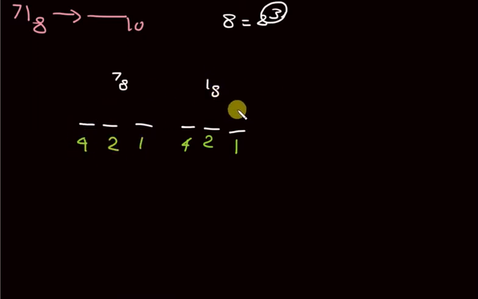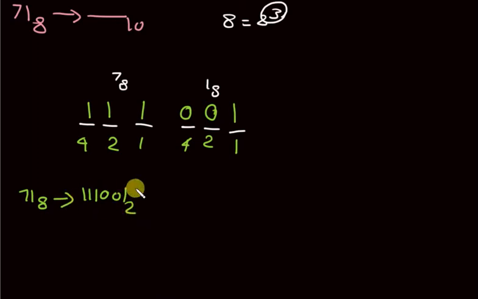Okay, in order to get 1, I have to put 1 here and the rest of them should be 0. In order to get 7, I have 1 here, so now 4, 6, and then 7. So this number 71 base 8 is equal to 111001. This is base 2, so our binary number is going to be this one.